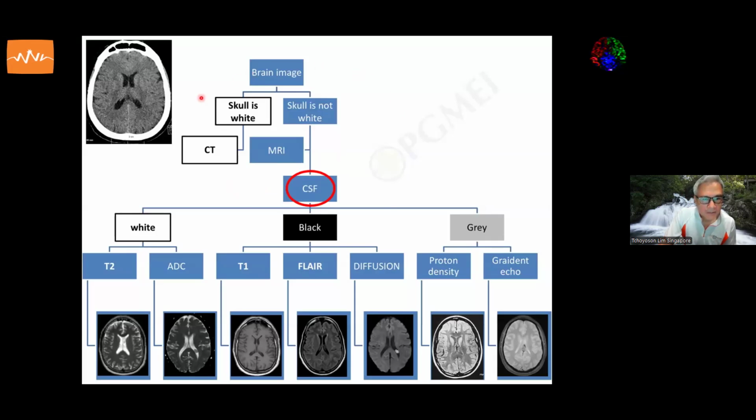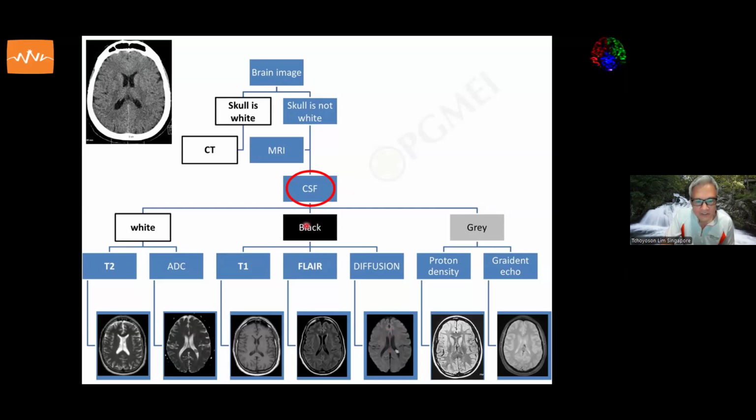A simplified flow chart of a brain image goes like this to distinguish a CT from an MR by looking at the skull versus the T1 weighted, where the skull bones are low in signal compared to the hyperdensity, and then focusing on the CSF. If the CSF is hyperintense, it usually is a T2 weighted MR image or a low resolution ADC map, which is constructed from DWI.